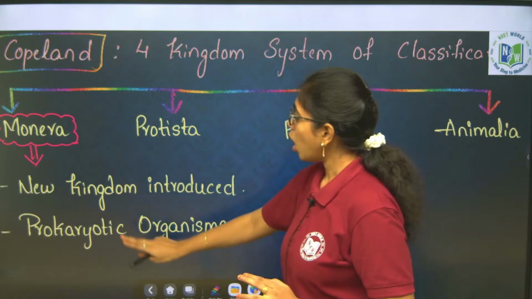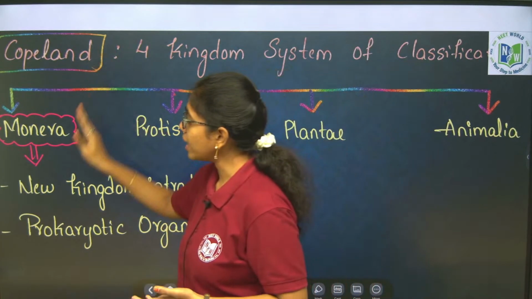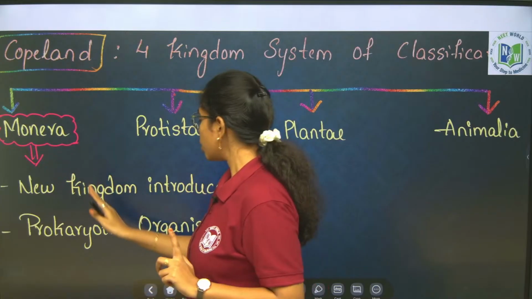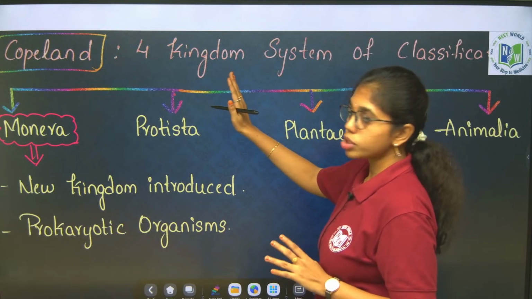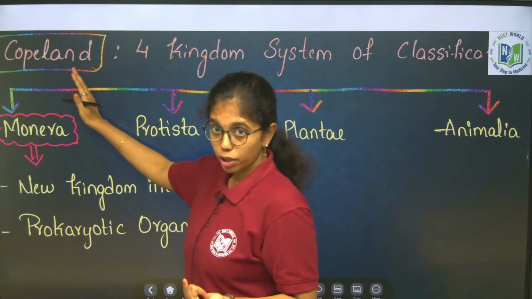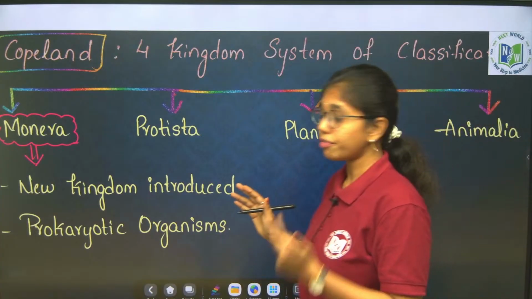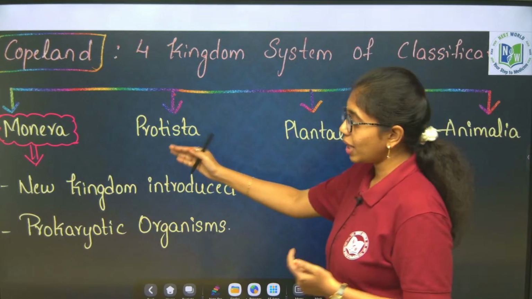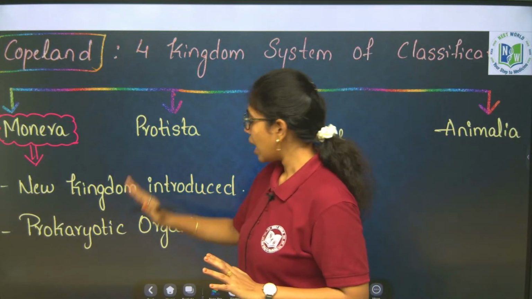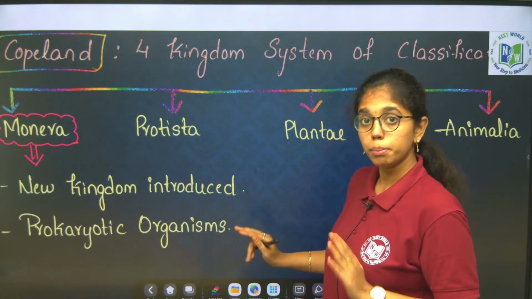All prokaryotic organisms are placed under the kingdom Monera, and Copeland introduced this new kingdom in the 4 kingdom system of classification. So, the 4 kingdom system of classification is given by Copeland. The 4 kingdoms he has given are Monera, Protista, Plantae and Animalia. Monera is the new kingdom he has introduced, and he has placed only prokaryotic organisms in it.